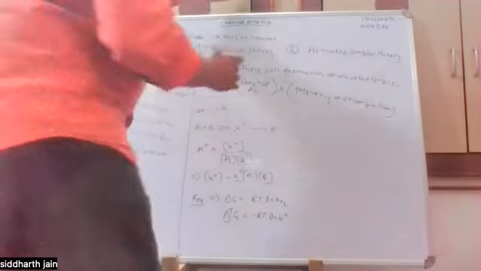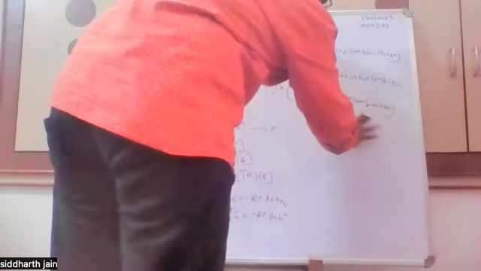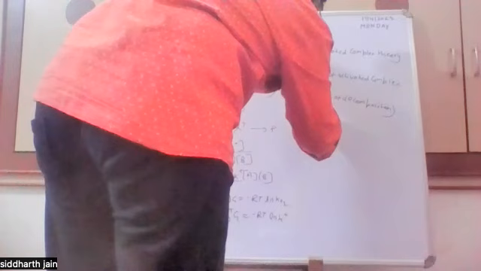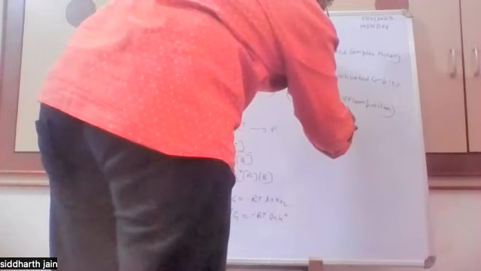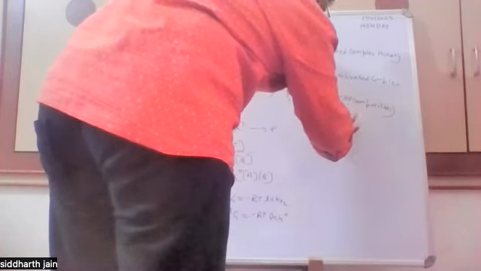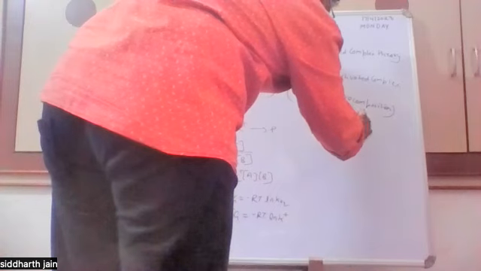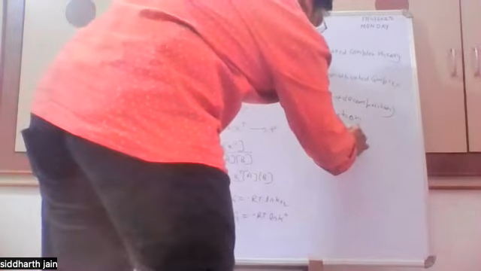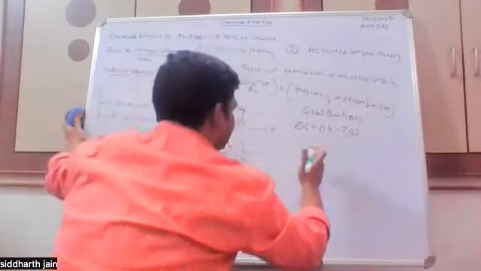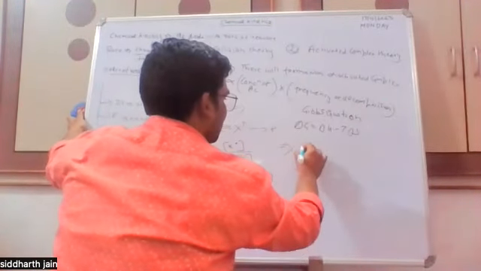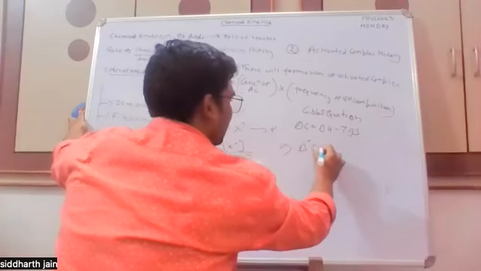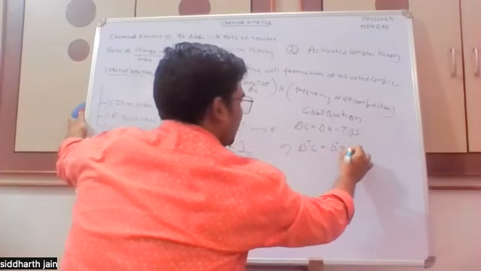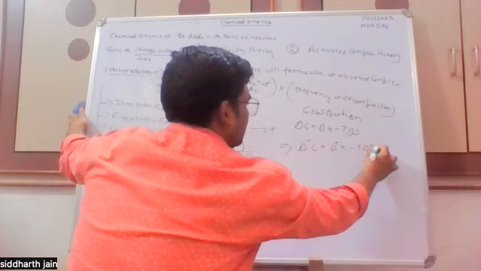Now, using the Gibbs equation, delta G equal to delta H minus T delta S, for the activated complex we can write delta G equal to delta H of the activated complex minus T delta S of the activated complex.